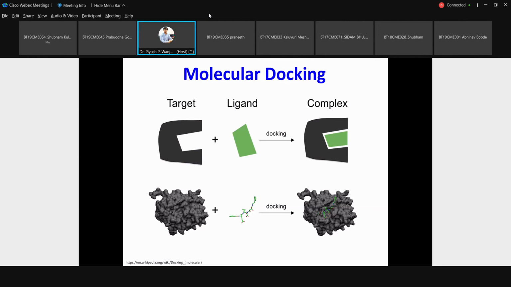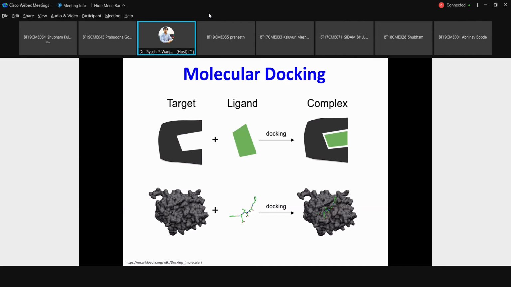Any other answer? What is the difference between QSAR and docking?